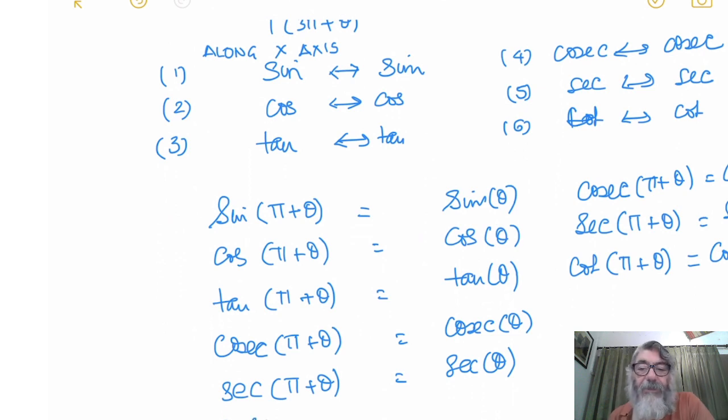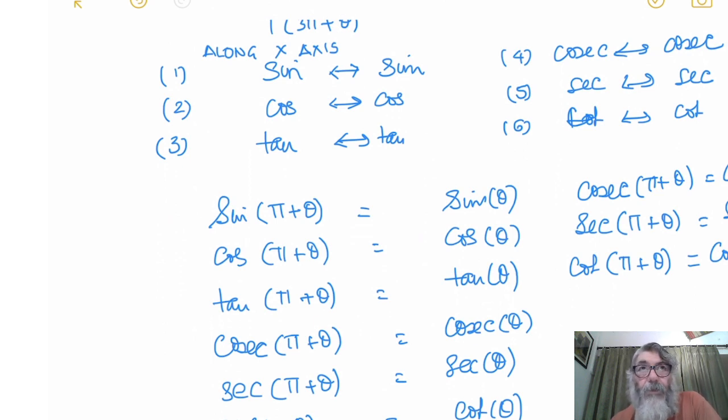Sine will not change into anything. Sine will remain sine, cos will remain cos, tan will remain tan, cosec into cosec, sec into sec, and cot into cot. Only thing will be the sign, SIGN, positive or negative.